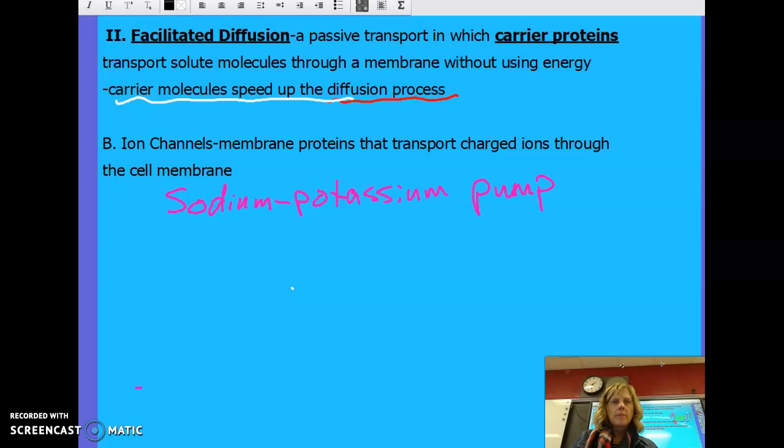We also would say ion channels. Again, this is a type of passive transport in which things are still moving with that concentration gradient. Sodium potassium pump is one example of that. You have to really regulate the sodium and potassium in your cells. We do that with the sodium potassium pump.